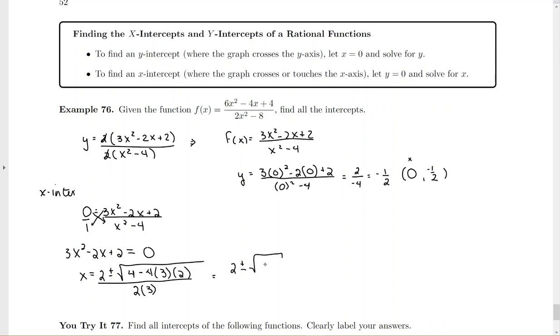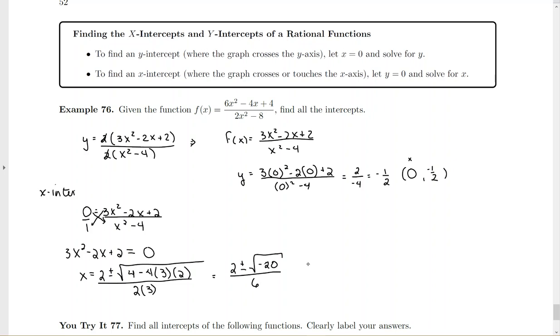So 4 minus 24, negative 20, which tells me that this is an imaginary number. So there is no real x-intercept here.